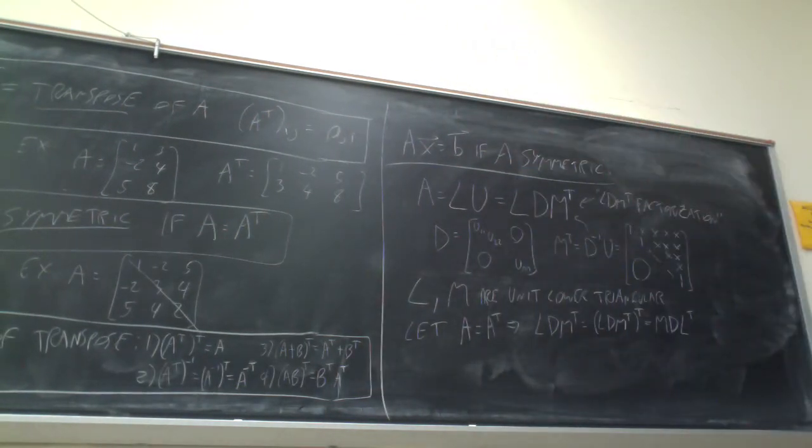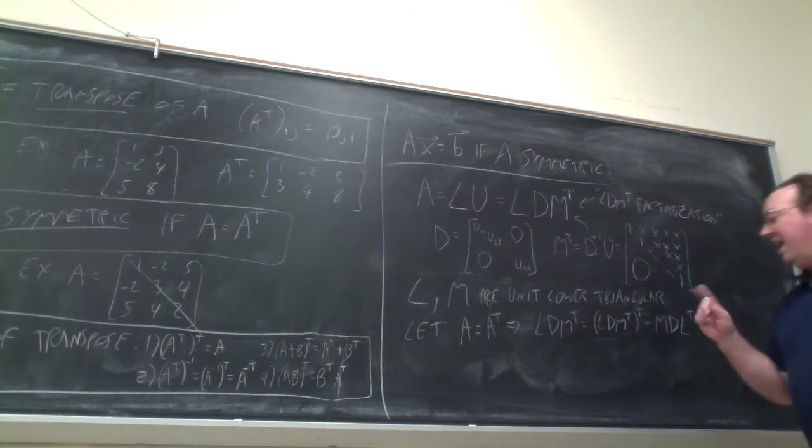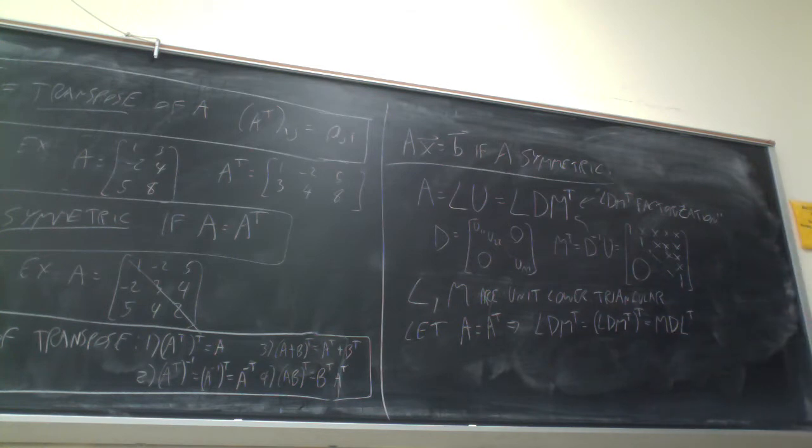For the symmetric case, L and M are both unit lower triangular. What do we know about a unit lower triangular matrix? What property does it have because of its diagonal entries being 1? Its determinant equals 1, so it is non-singular, it is invertible.